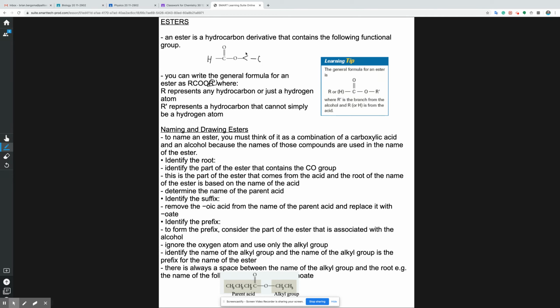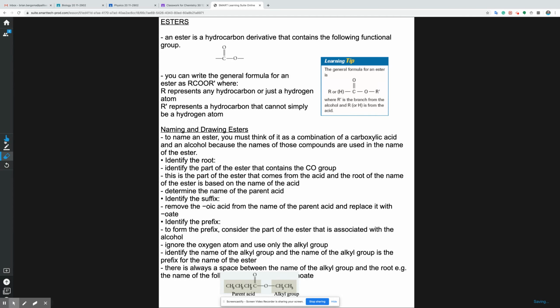It has to be at least one carbon, because if you put a hydrogen atom there, it's no longer an ester, it would be a carboxylic acid. Okay, so you're going to have two groups of carbon chains coming off of this ester group.